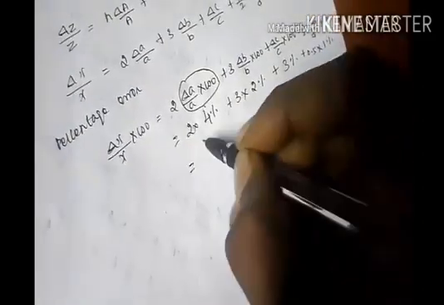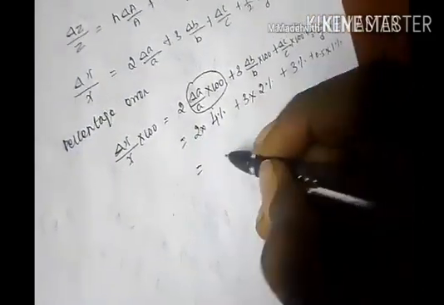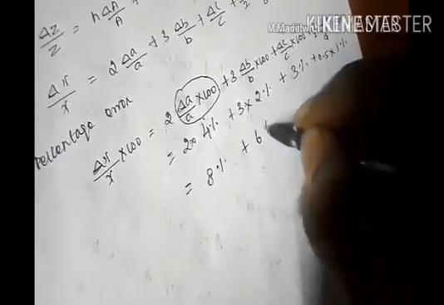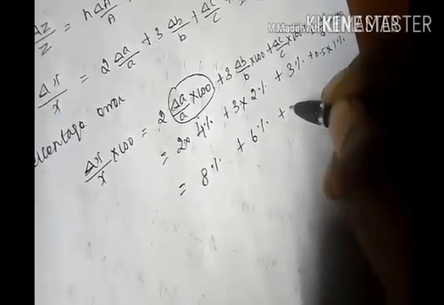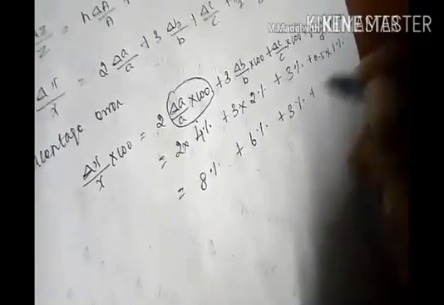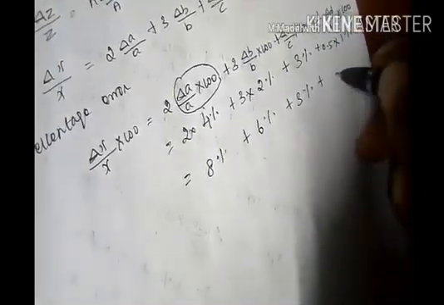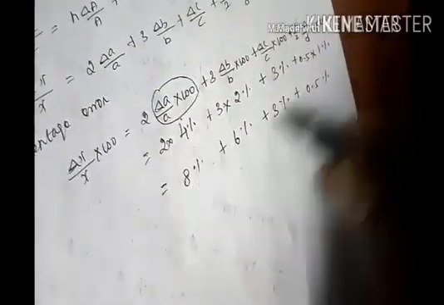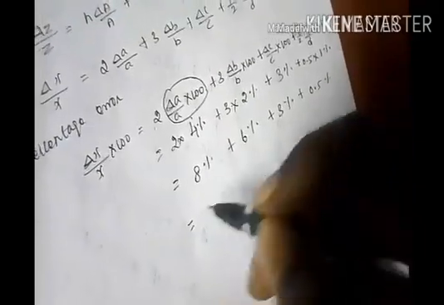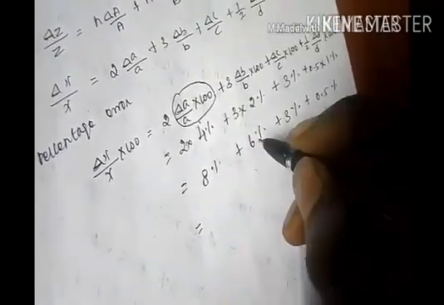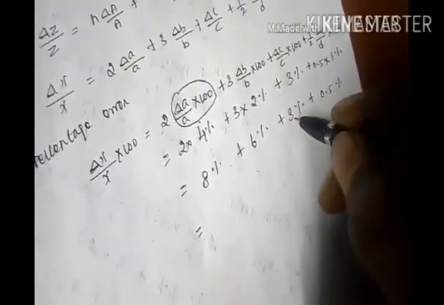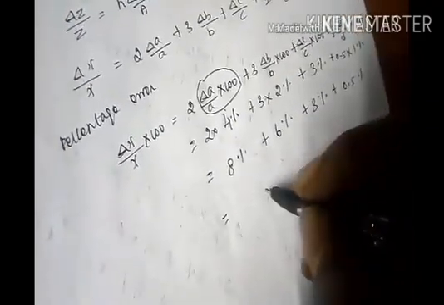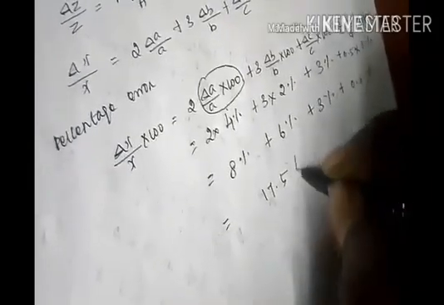So 4 twos are 8%, plus 3 twos are 6%, then 3%, and 0.5 into 1% is 0.5%. If you add all these percentages, 8 plus 6 is 14, 14 plus 3 is 17, 17 plus 0.5 is 17.5%.